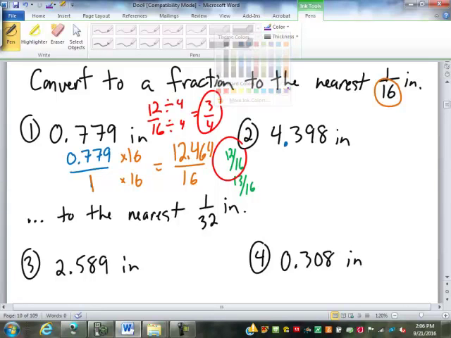Okay, for number 2, what do we do with the 4 here in front of the decimal point? Don't be shy today. We leave it, good. So now then, take the 0.398 over 1, and then what?